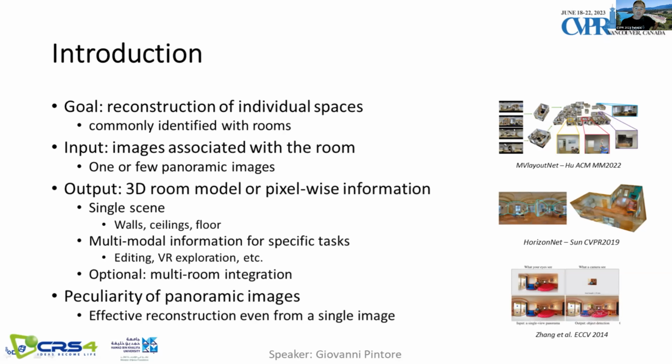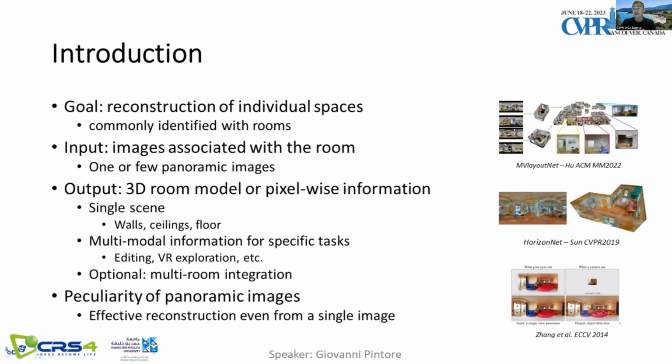The expected output can be an abstract 3D model of bounding surfaces, as Enrico said, like structured, for example, into walls, floors, ceilings, or a set of pixel-wise geometric and semantic information. Also useful for defining other types of models, like, for example, for interactive editing or VR navigation.